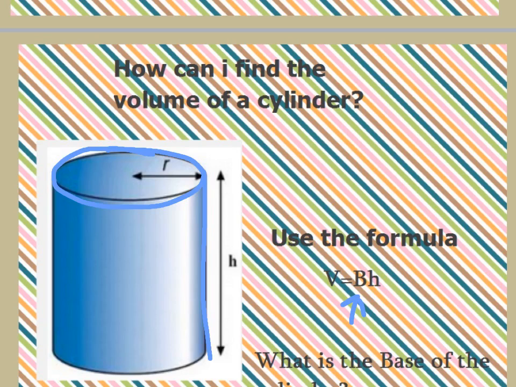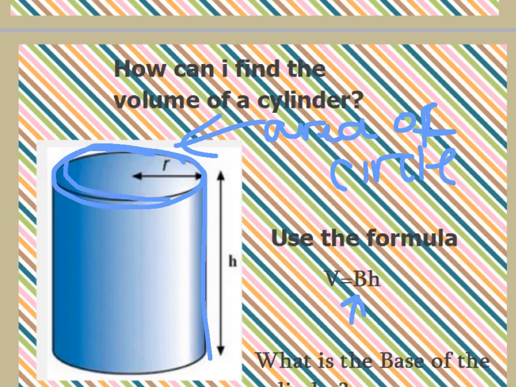So we've got to know how to find the area of a circle, because we've got to find this area first. So we have to remember or recall how to find the area of a circle.